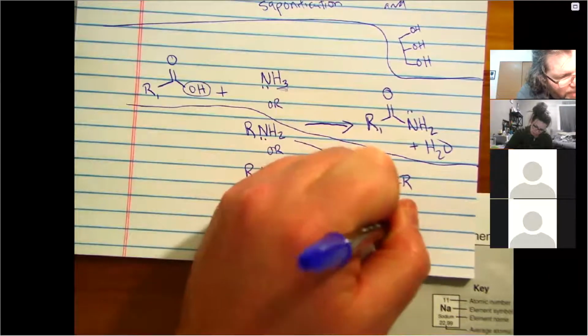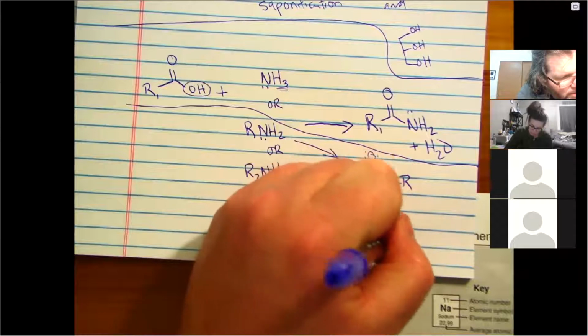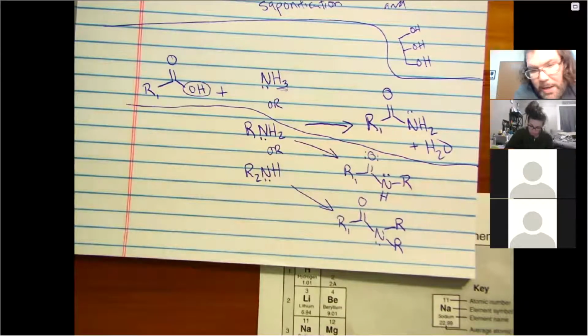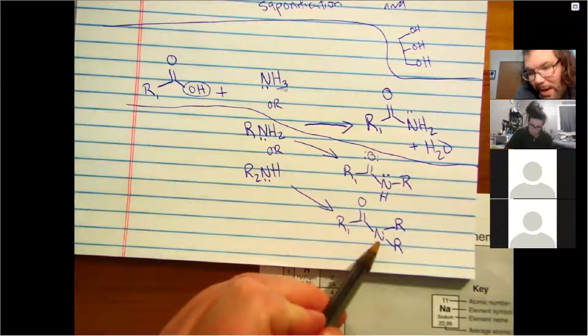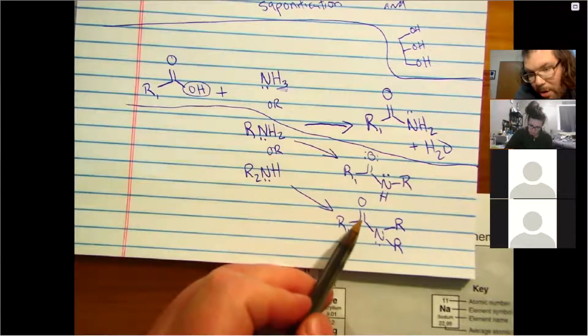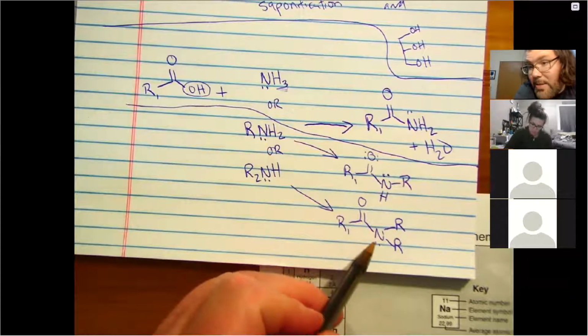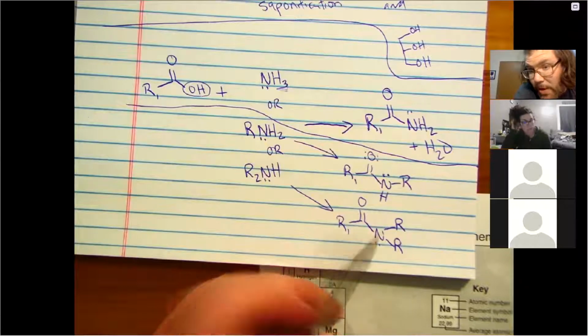So tertiary amides are a little bit different because note now that nitrogen has 1, 2, 3 alkyl groups attached to it. It does not have any hydrogens covalently bound to it anymore.